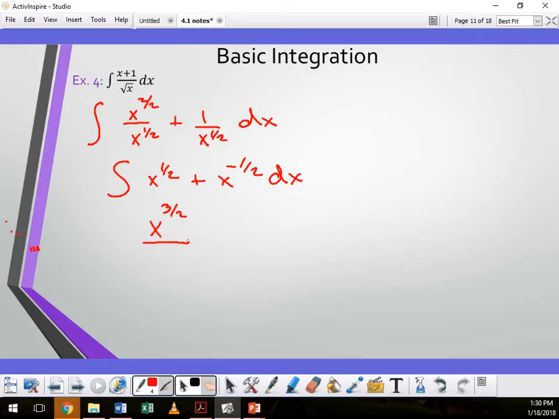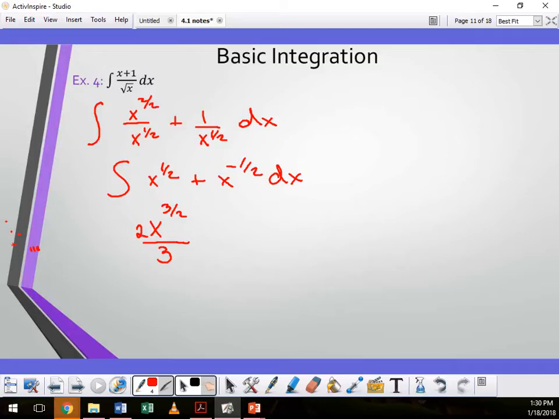Remember, now I have to put it over 3 over 2, since I'm dividing by it. If I multiply by the reciprocal, 3 over 2 becomes 2 over 3. So there's my piece right there.